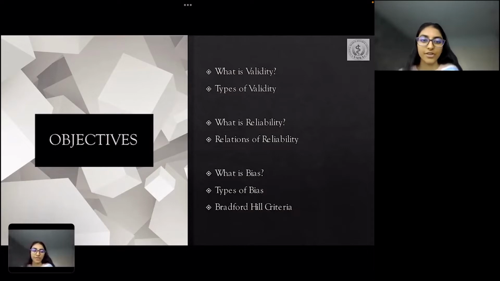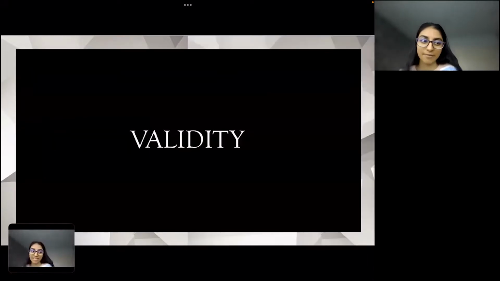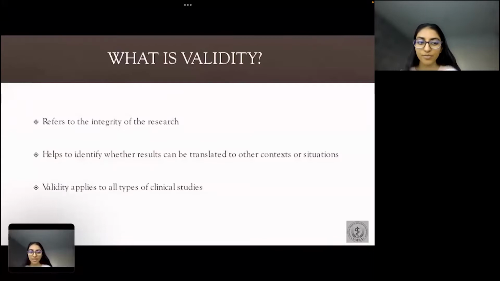Okay, so validity. To start off with, what is validity? Validity refers to the integrity or credibility of the research that you're critically appraising. What it does is it helps to identify whether the results of a particular study on one population or sample size can then be translated across to other contexts or situations.